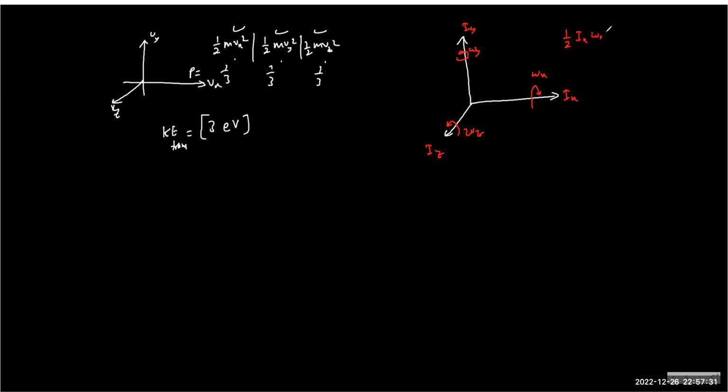Half Ix omega x square, half Iy omega y square, and half Iz omega z square. Now vibration has no formula here, so we'll come to vibration later on.